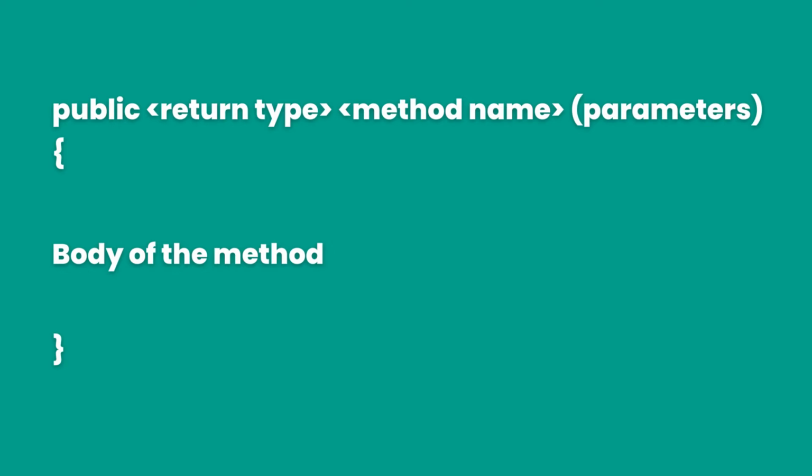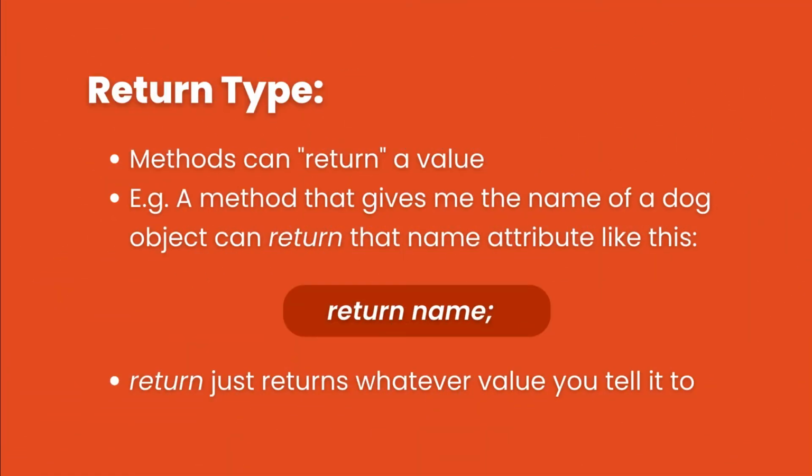So now, let's talk about what return type means. Well, sometimes methods return a value when they are called. For example, let's say that in our dog class, I want to create a method that gives me the name of the dog. Remember that the name is one of the attributes of the dog that is initialized in the constructor.